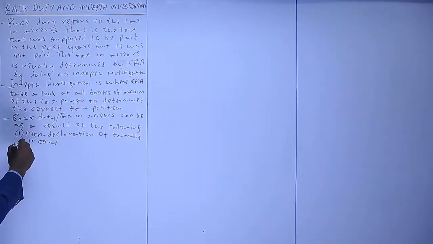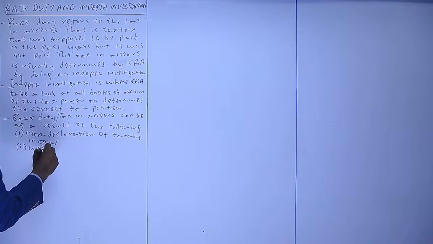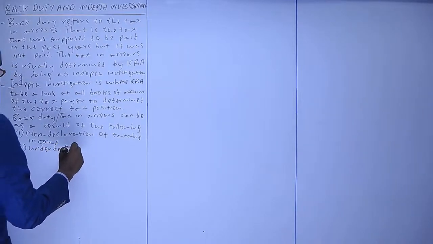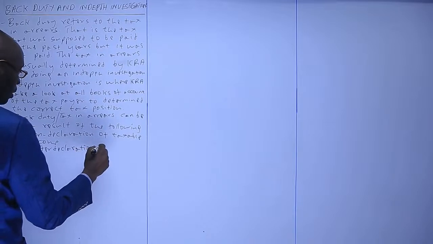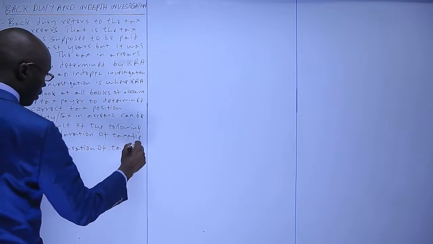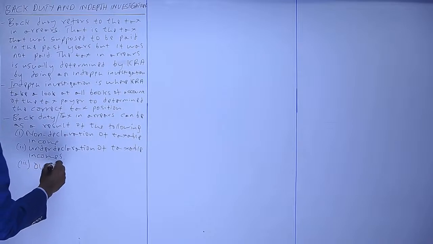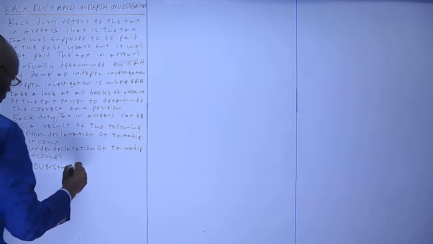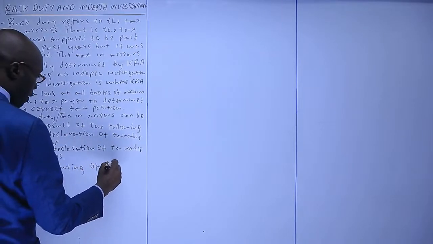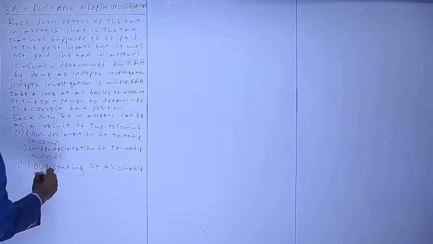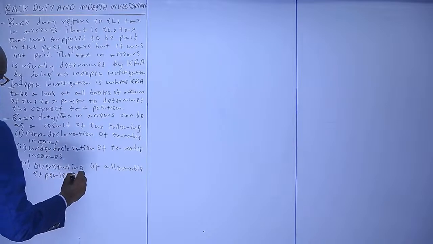Number 2, under declaration of taxable incomes. Number 3, overstating of allowable expenses of the business.